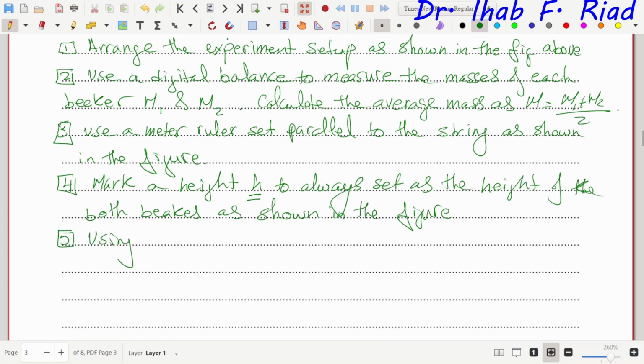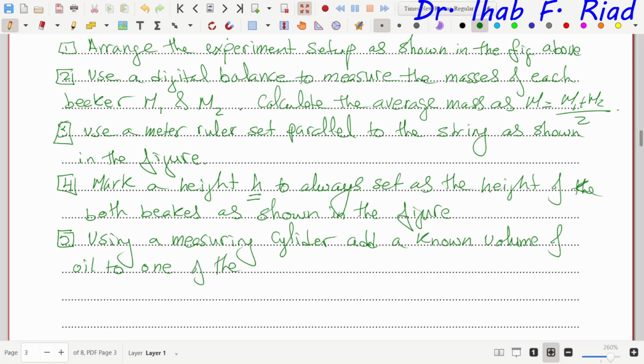Using a measuring cylinder, add a known volume of oil to one of the beakers.